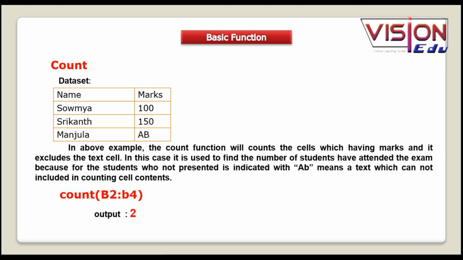So if you enter B2 to B4 as the argument for the COUNT function, the output is 2, because 100 is a mark and 150 is also a mark. These two are numerical data, so they are included, and it counts only 2 and skips the AB because it is a text field. This is the use of the COUNT function.